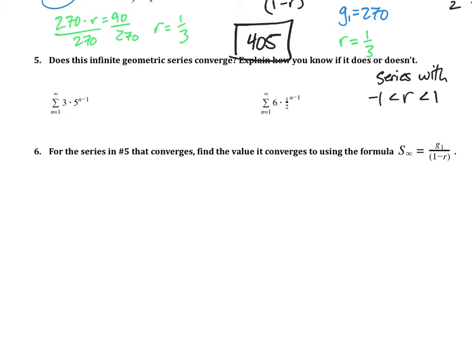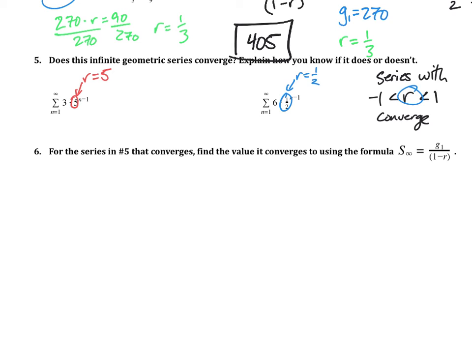So if we have an r that's between -1 and 1, then we have a convergent series. And so I can identify that r is 5 here. And I can identify that r is 1/2 here. Only the r that's 1/2 is between -1 and 1. 5 is not between -1 and 1.